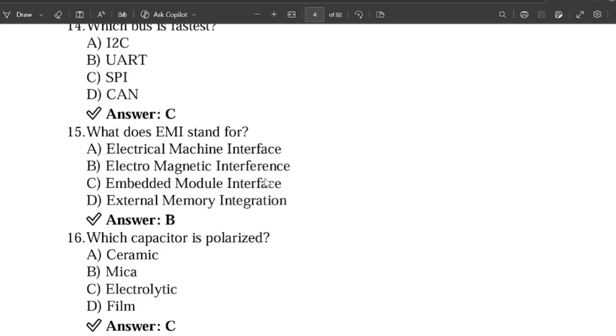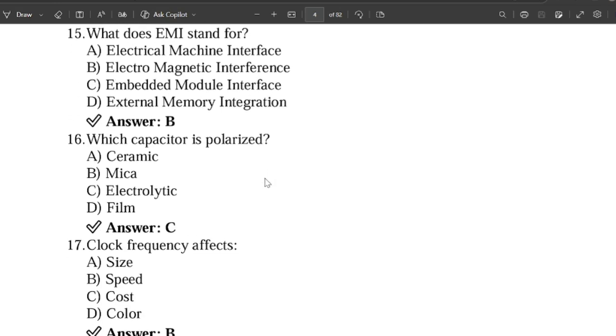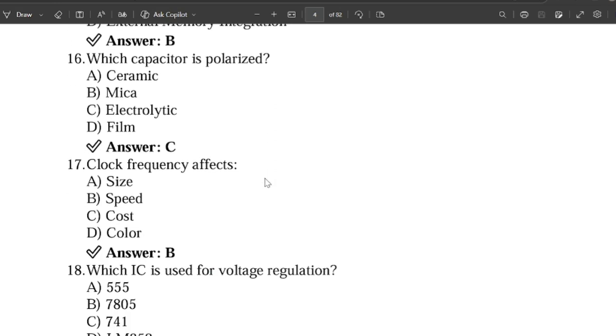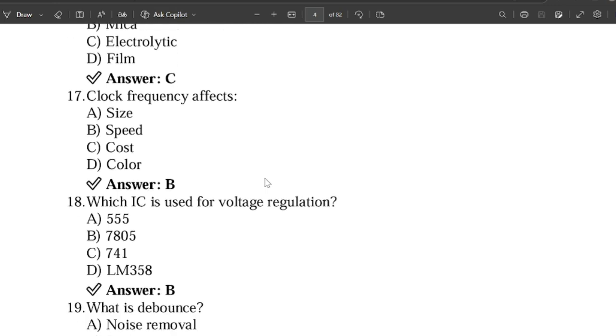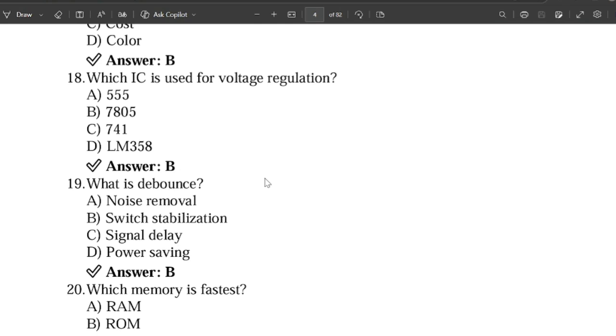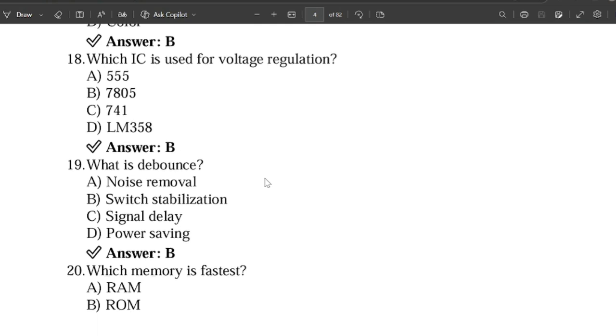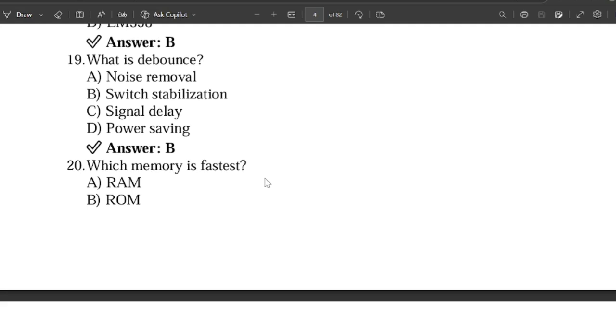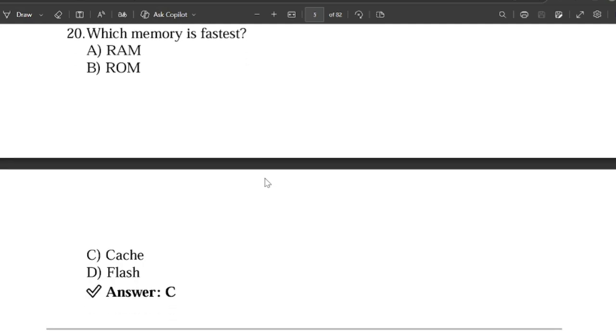What does EMI stand for? Electromagnetic interference. Which capacitor is polarized? Electrolytic. Clock frequency affects speed. Which IC is used for voltage regulation? 7805. B option. What is debounce? Switch stabilization.